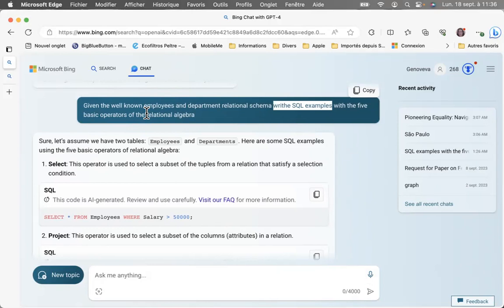Okay? So when we talk about relations, remember that from the mathematical point of view, a relation is a set that comes from the Cartesian product of a set of domains, and the elements of this Cartesian product are called attributes.